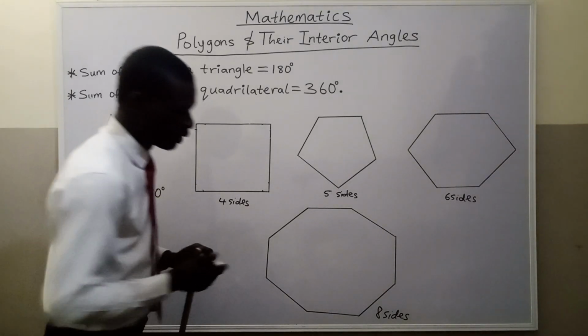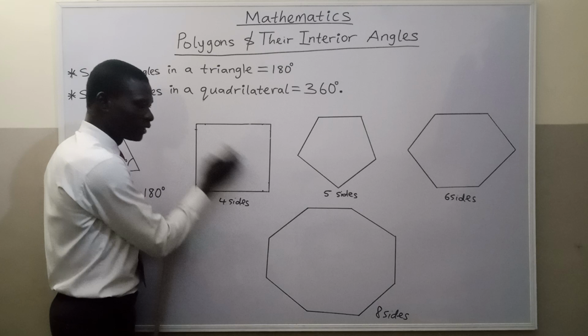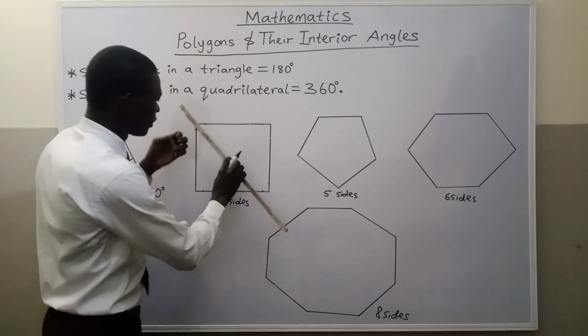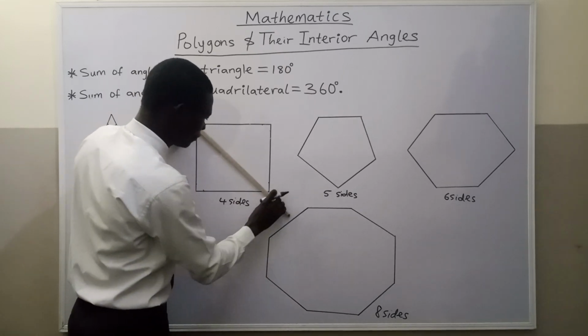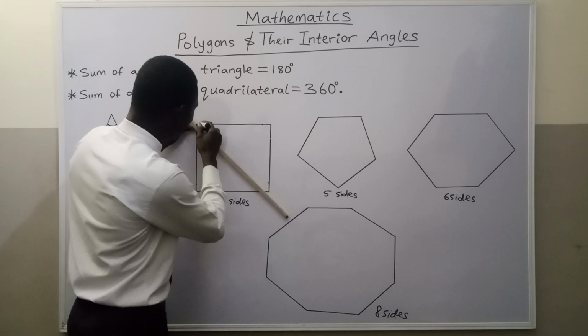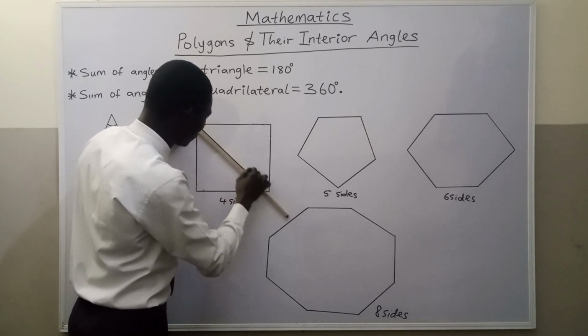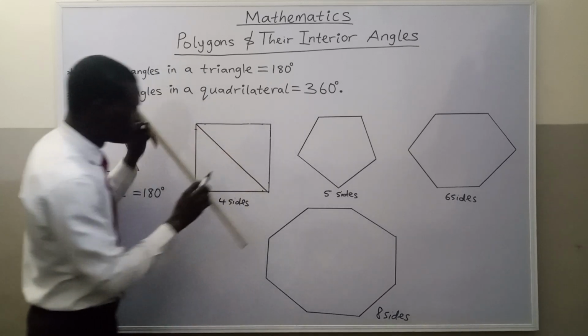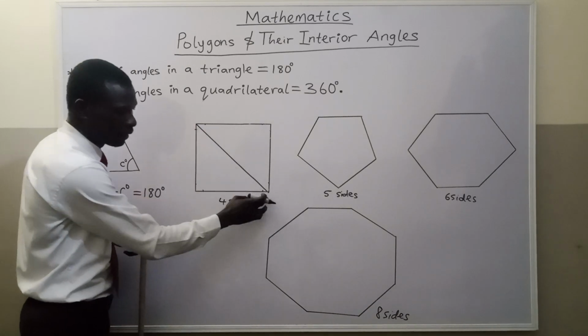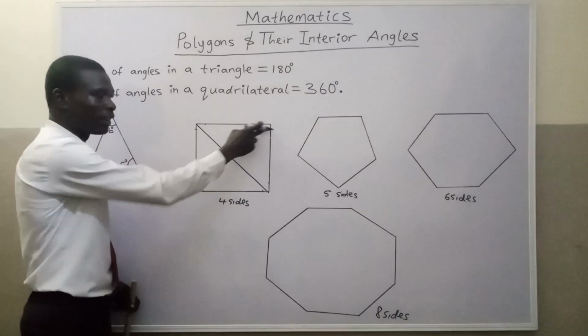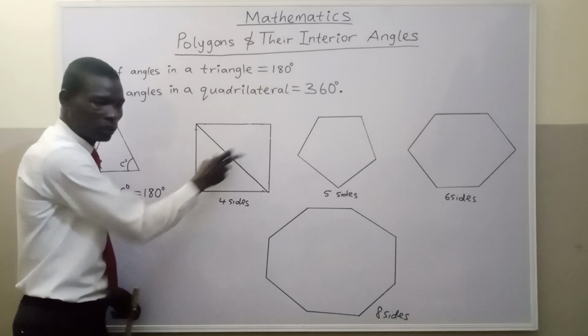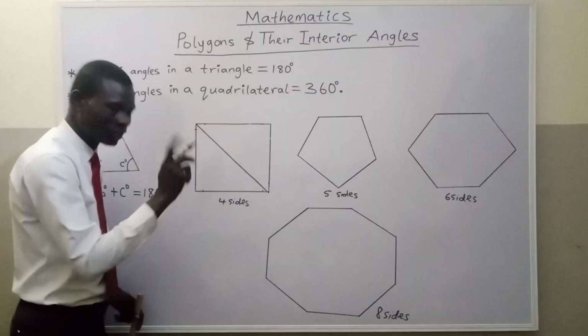Alright, so I'm here with my ruler. I want to join this vertex to this vertex here. So let's see what I have. I've joined this vertex to this vertex. If I try to join this other vertex to this vertex, you see that these two lines will start crossing each other, and I don't want that to happen.